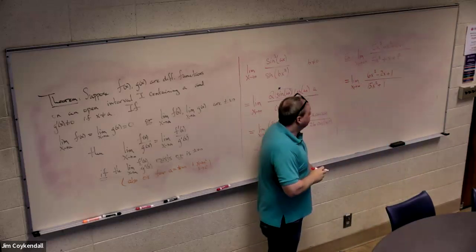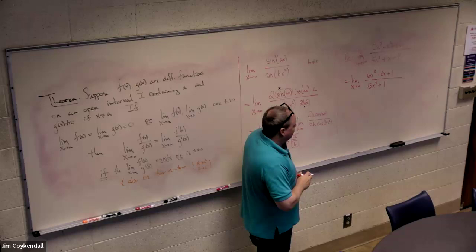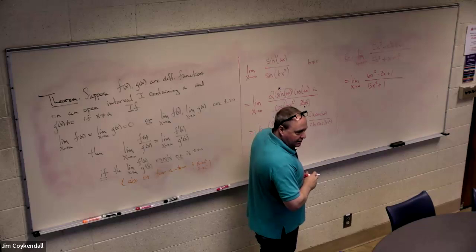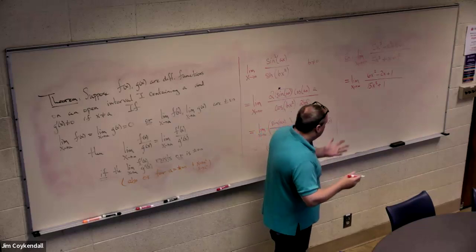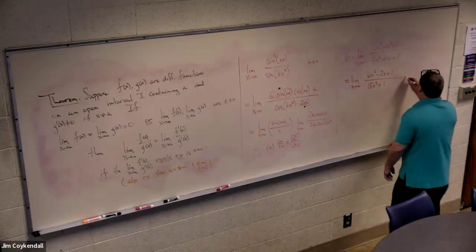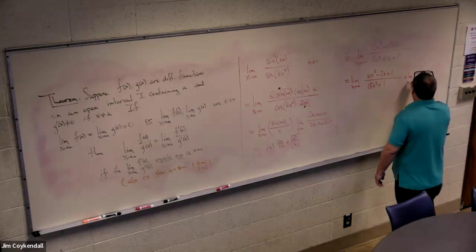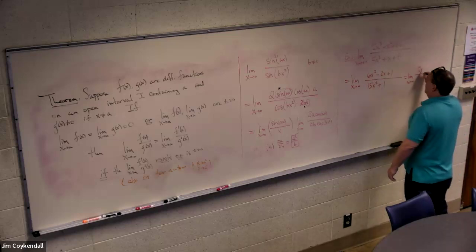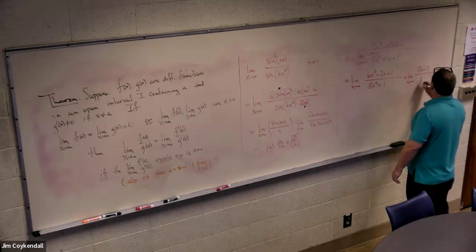Right, agree with that? Now, what do we get again? Infinity over infinity? 12x minus 2 is 30x.